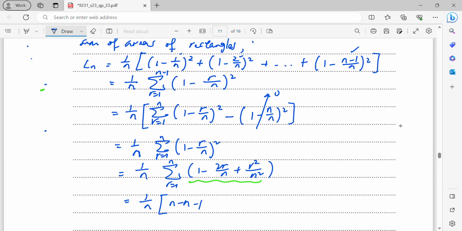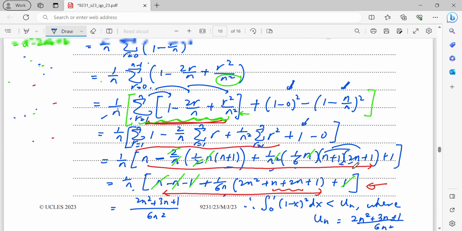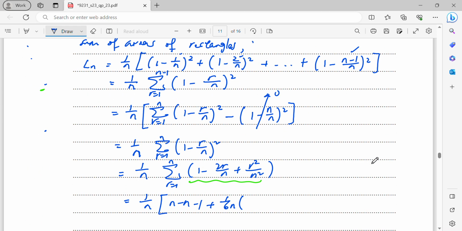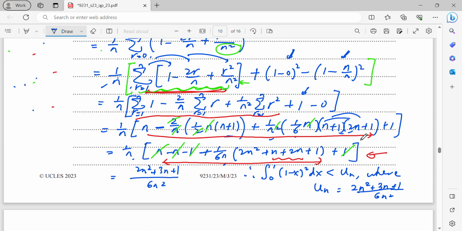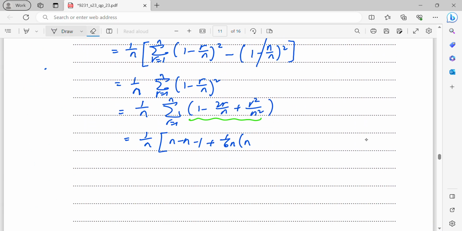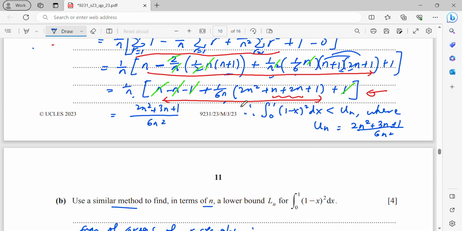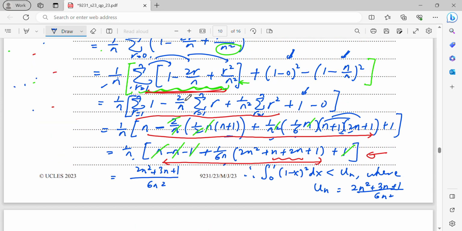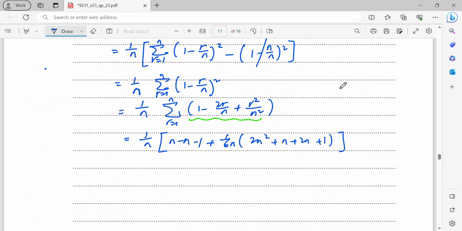over 6n. After that, 2n squared plus n plus 2n plus 1. I'll copy all these terms from the previous step because it's the same expansion, same summation.